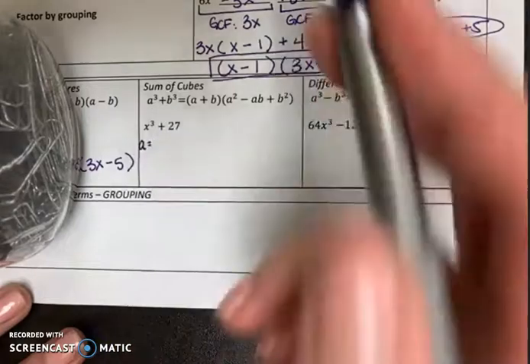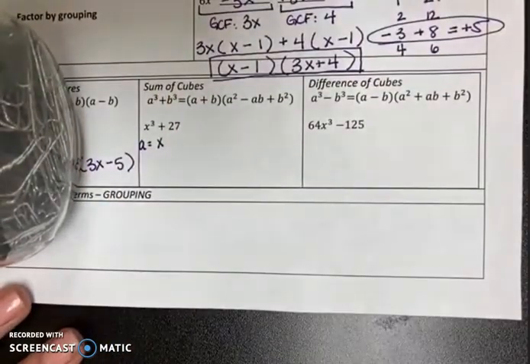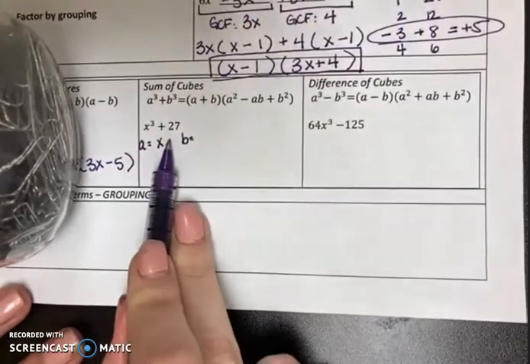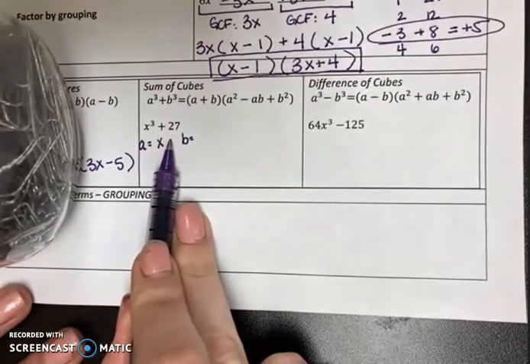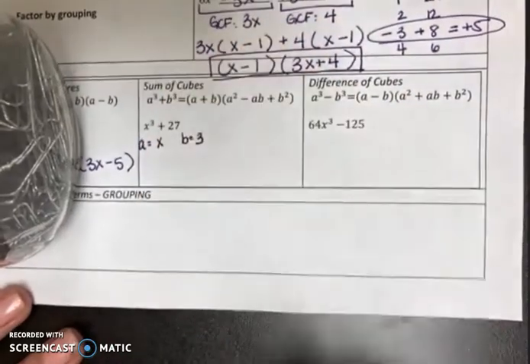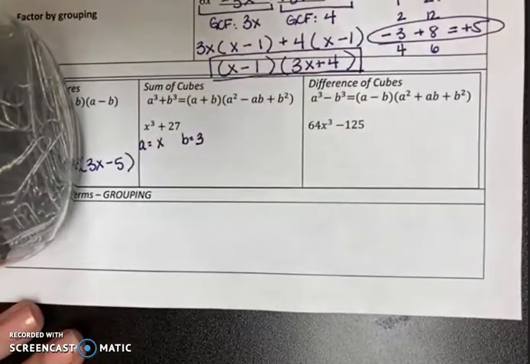The answer is x. If I were to ask myself what cubed would give me 27, I would say 3, because 3 times 3 is 9 times 3 is 27.